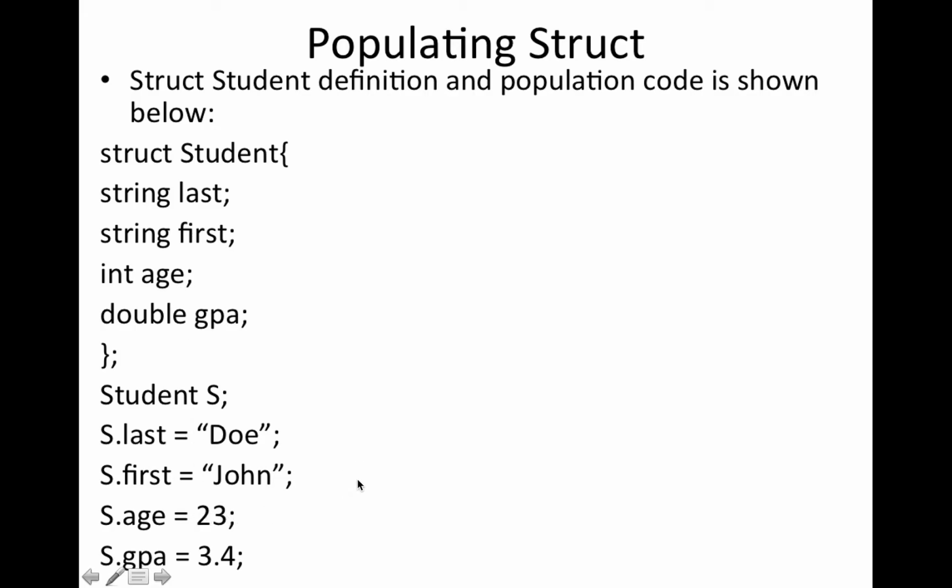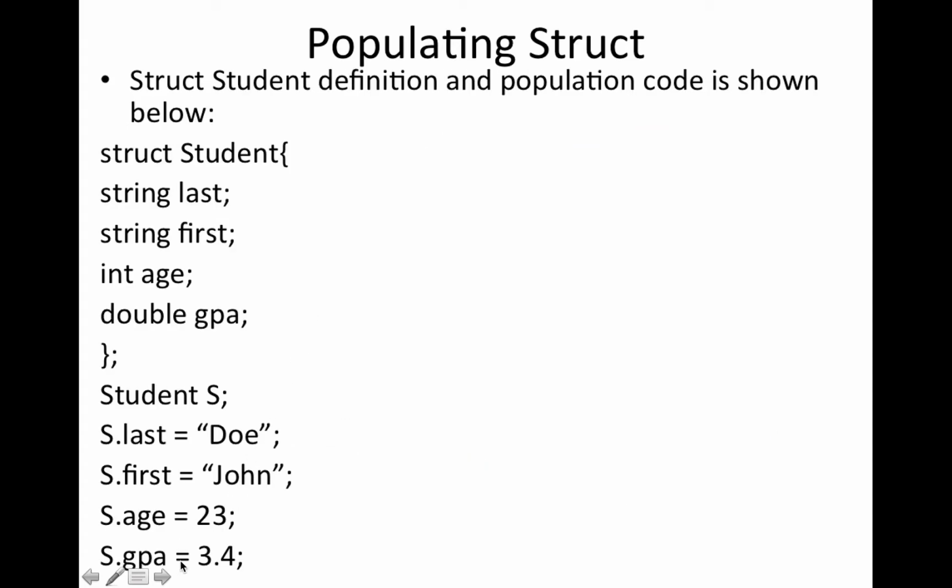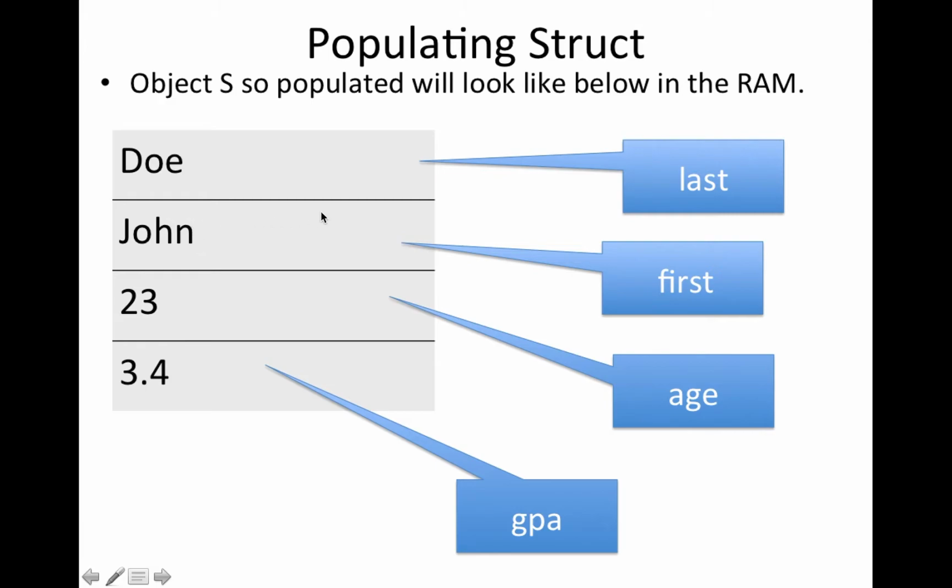And if I set it to 23, it'll look like this in the RAM. And if I say S.GPA is 3.4, I'm setting the GPA field of S, which has this structure, to 3.4. And then the overall structure S in RAM looks like this.